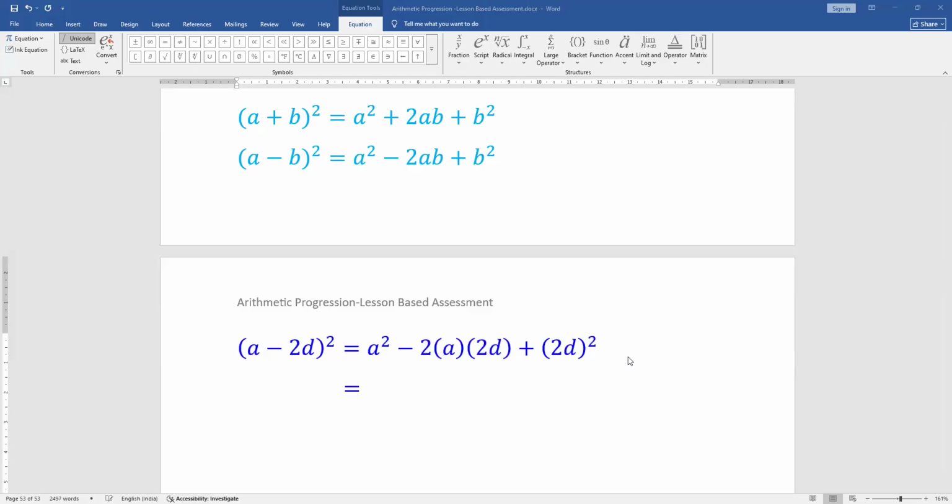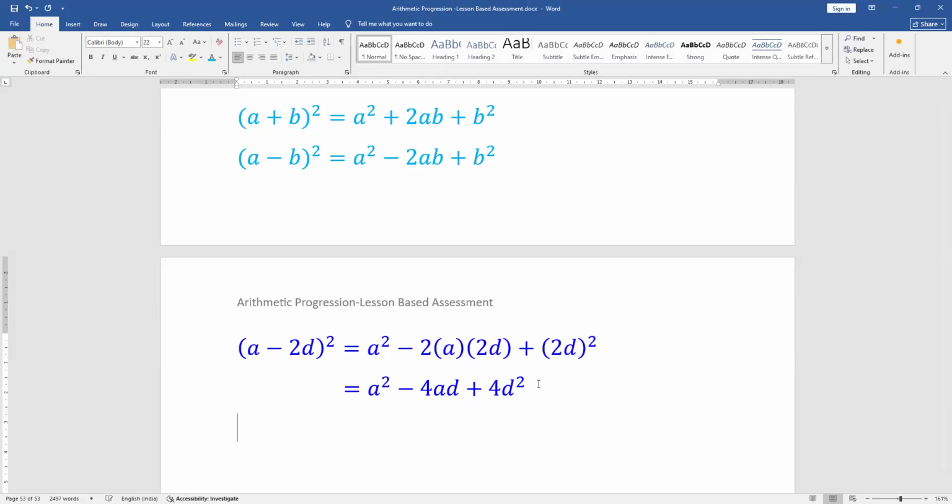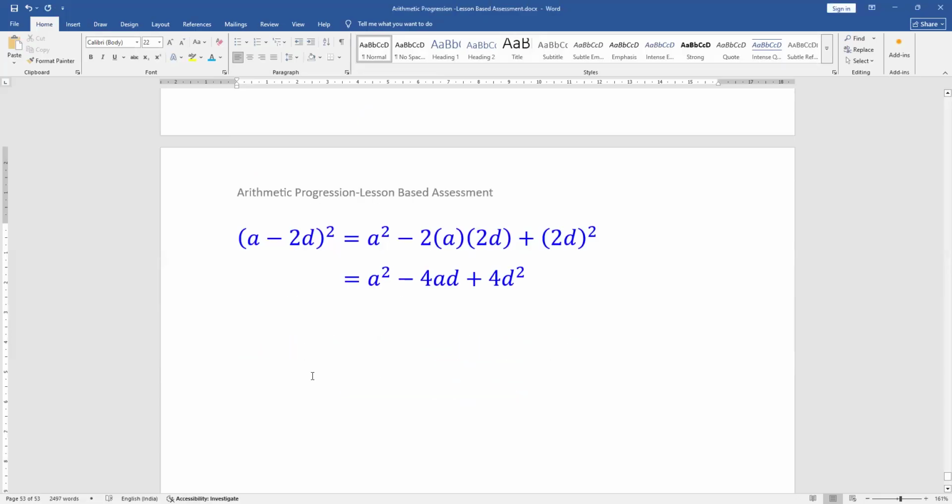So I get here a square minus 2 into 2 is 4, so 4ad plus this one (2d) whole square is 4d square. 2 square is 4, d whole square is this. So 4d square.